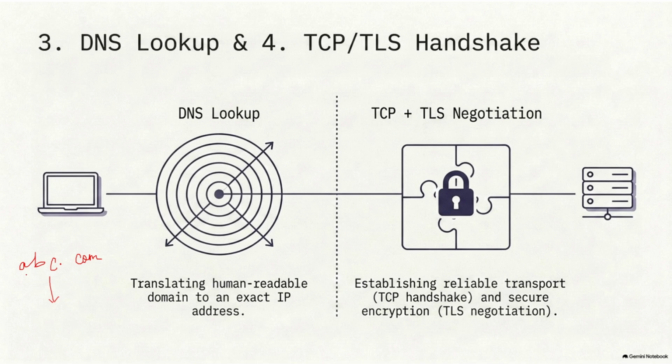Whatever IP address is associated with this website, let's say it is like 168.1.0.1, based on the IP address, it will search for that website. Then it will go to the TCP and TLS negotiation. Basically it's establishing reliable transport and secure encryption between the server and the client.